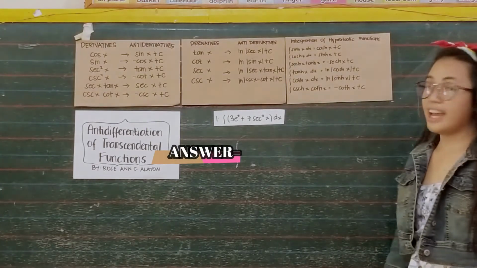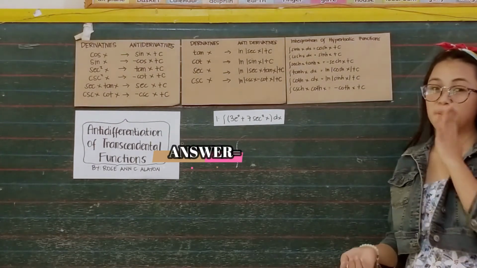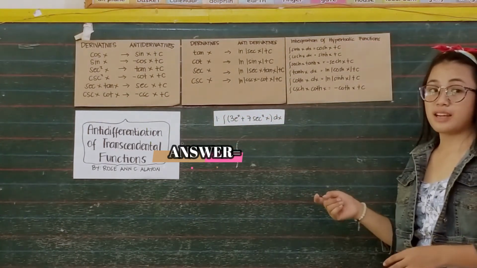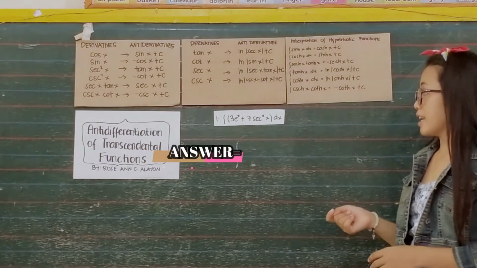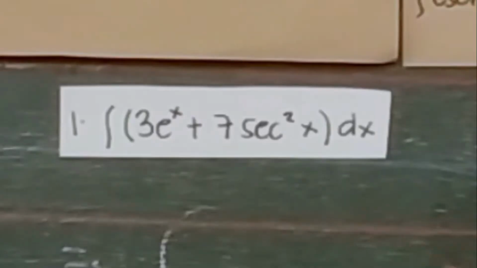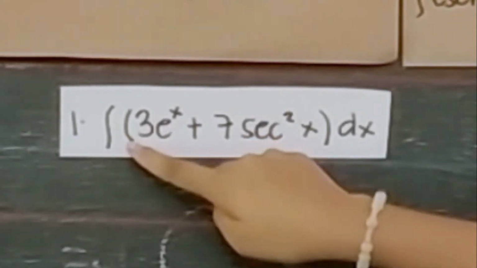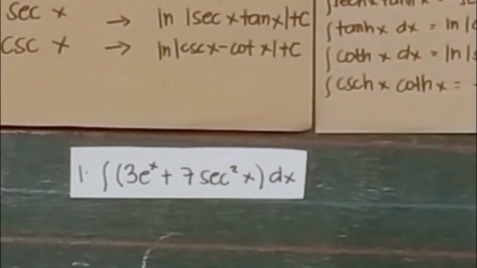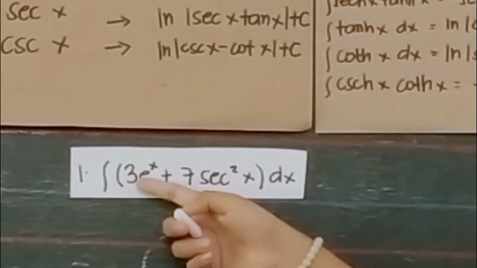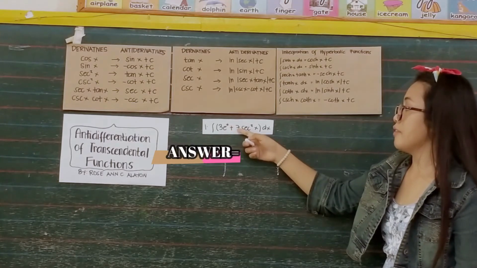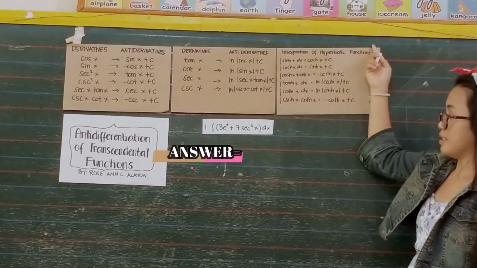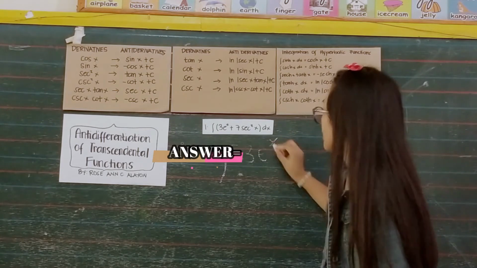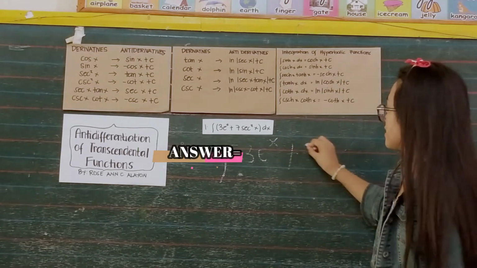So here I prepared some exercises or problems, and these are the formulas for some of the problems that I will present today. So first problem here, as you can see there is a symbol like an integral sign, and we can call it the symbol of the antiderivative. The antiderivative of 3e to the power of x plus 7 sec squared x dx is equal to 3e to the x plus 7.